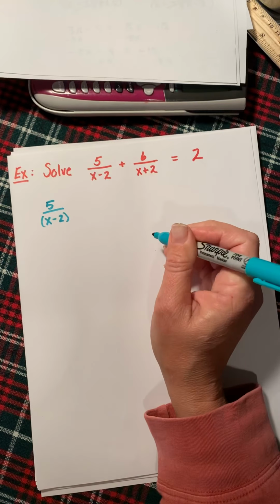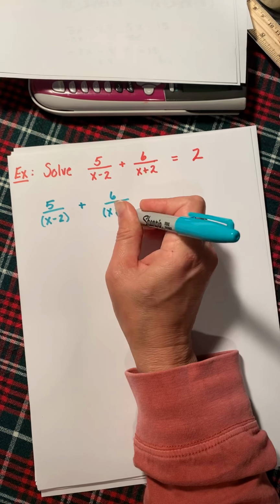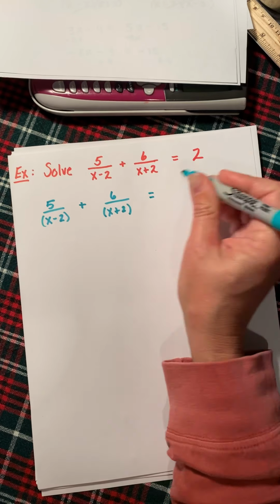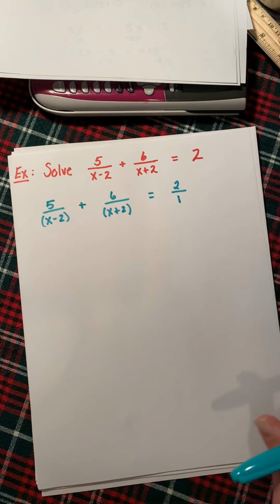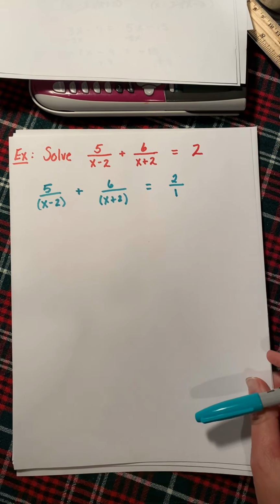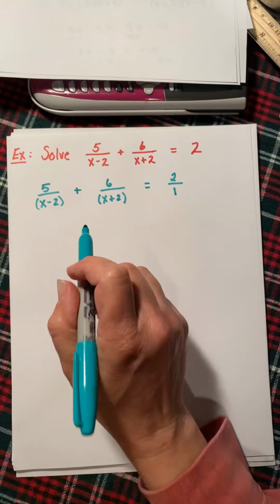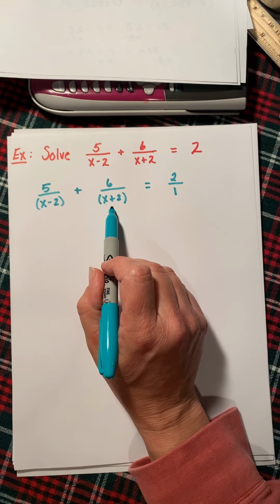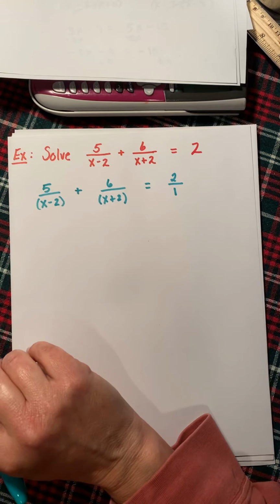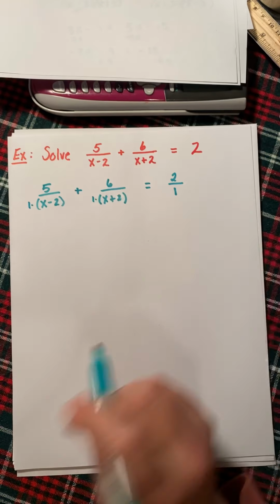Sometimes it's helpful to put them in parentheses so you can think of them as factors. 6 over x plus 2 equals, well, 2 doesn't look like a rational expression, but I'm going to express it as one just to keep in mind that we have to treat these all like rational expressions. So the only factor here is x minus 2. The only factor here is x plus 2. And the only factor there is 1. So we really do have a 1 here, like you can always insert 1s.